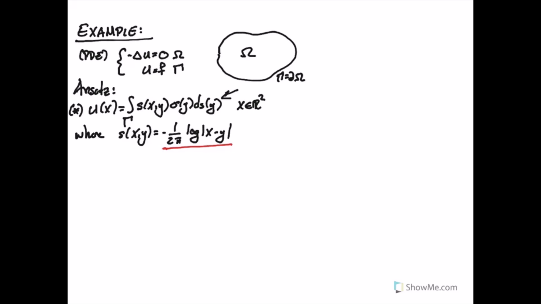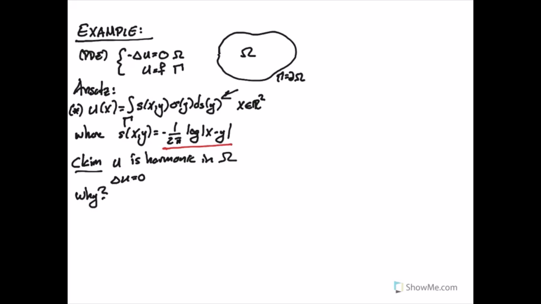So the main point here is, let us write a little claim. The function u is harmonic in omega. So in other words, Laplace u is equal to 0. So why is that?